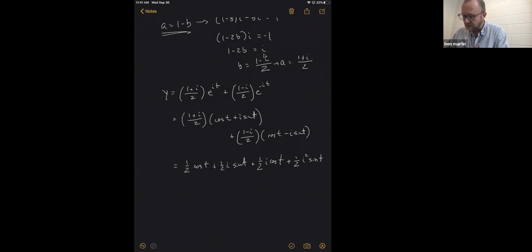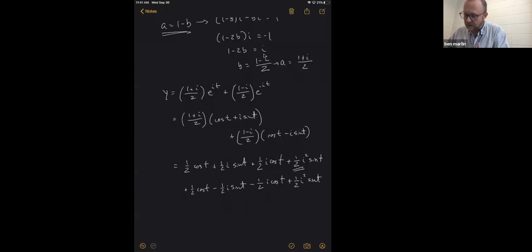That's just the first term, okay? And we're going to go back and fix this here in a second. The other piece is plus 1/2 cosine t and minus 1/2 i sine t, and then minus 1/2 i cosine t, and then minus a negative, and I forgot my 1/2 again, 1/2 i squared sine t.